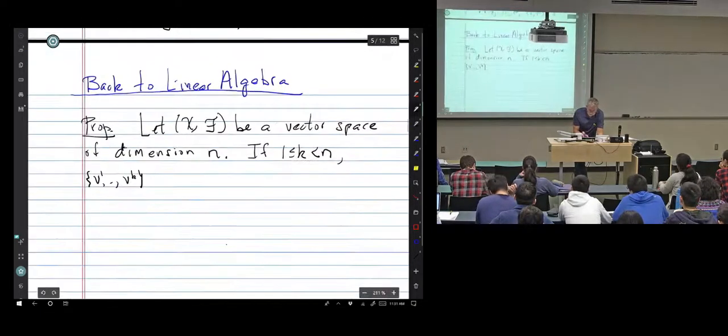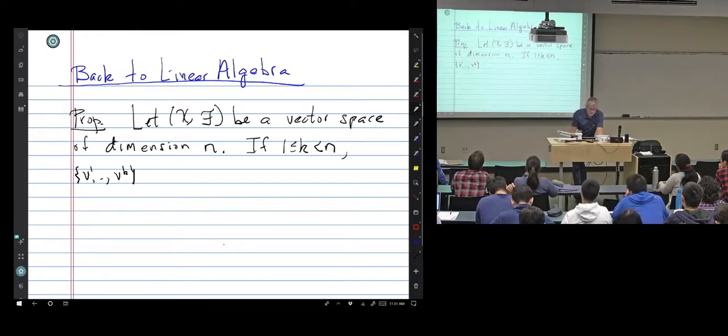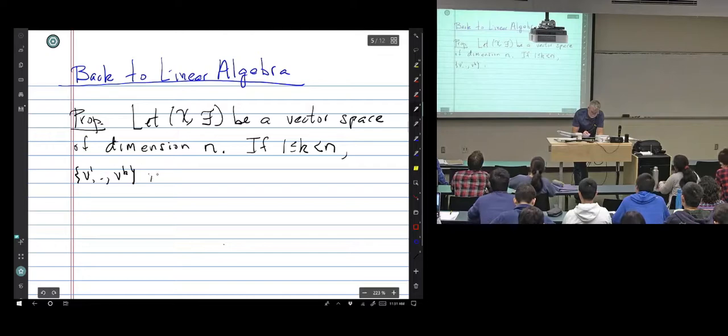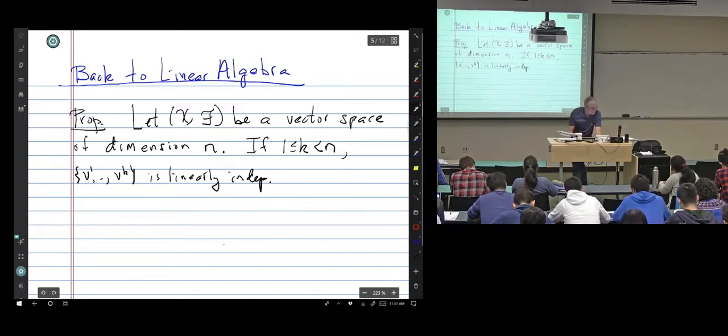Just doing that so you guys can catch up with your writing, okay? So I have some number that's less than the total dimension, and I've got k vectors that are linearly independent. Okay?